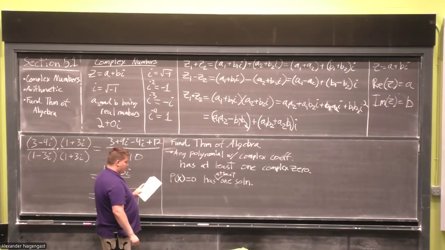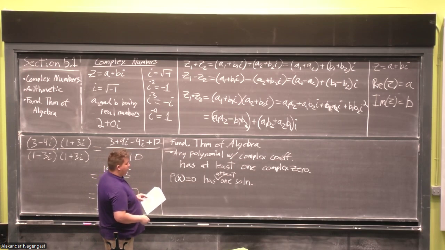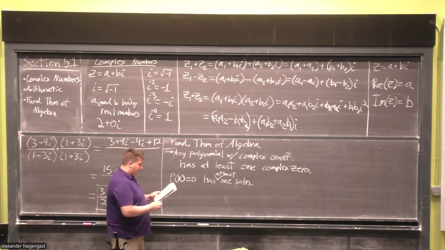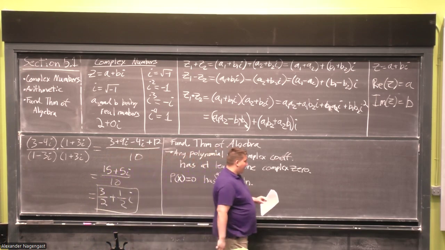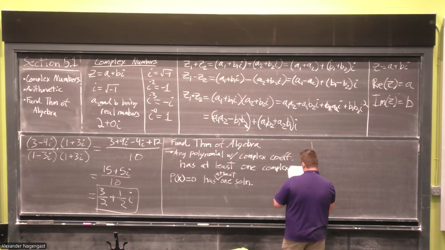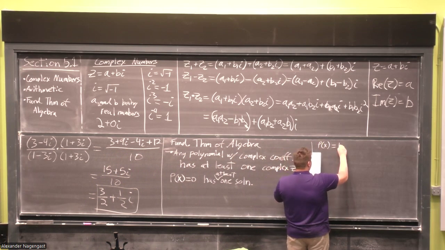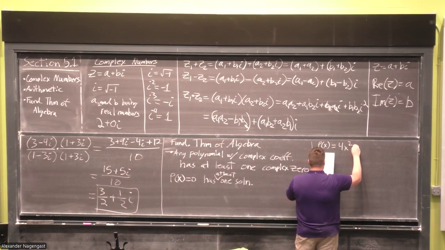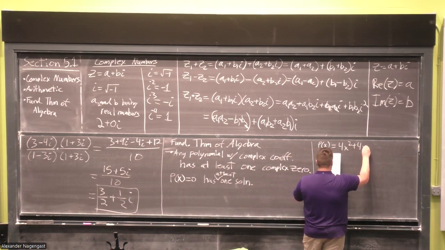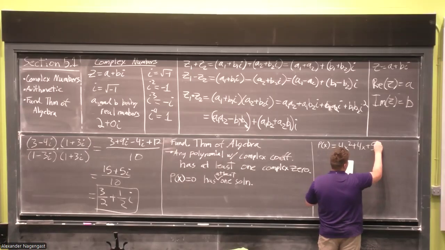So an example of this, where we can take this from kind of like a real world example, is when we have P of x equals 4x squared plus 4x plus 5.